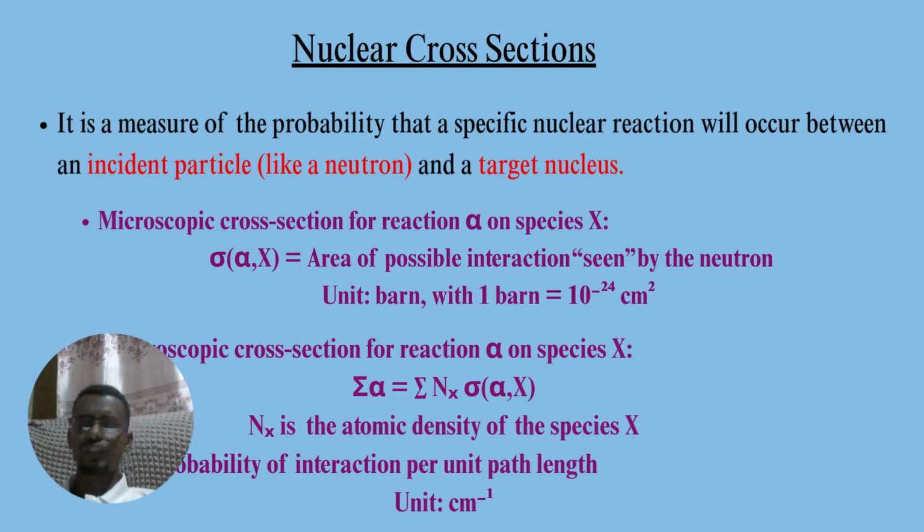So, for example, if we say the macroscopic nuclear cross section for some neutron is, let's say, 0.8 per centimeter, this means the neutron has an 80% chance of reacting for every centimeter it travels.